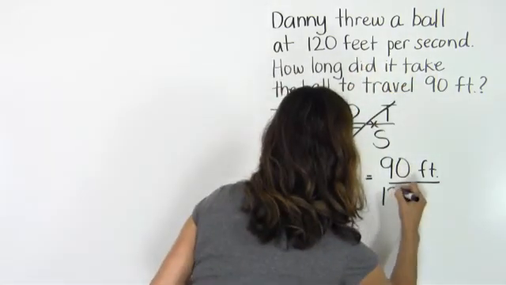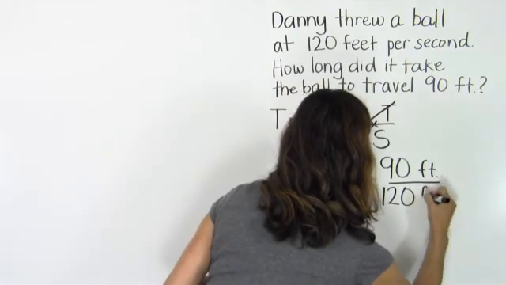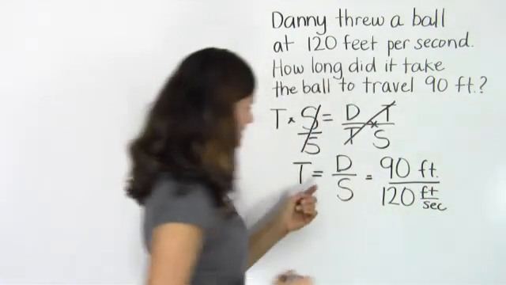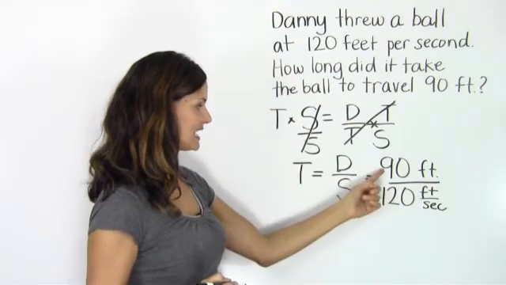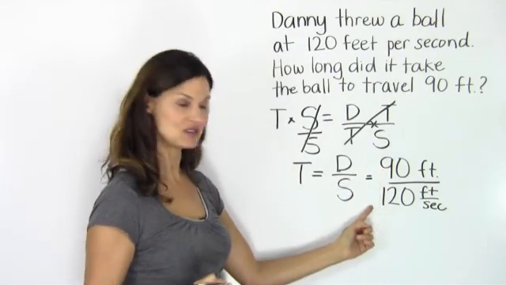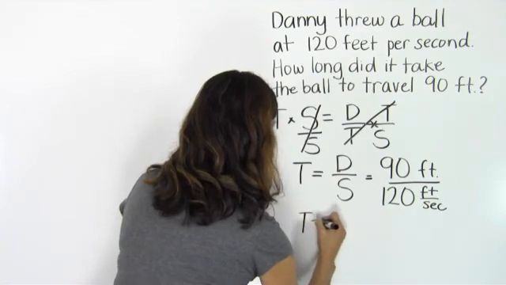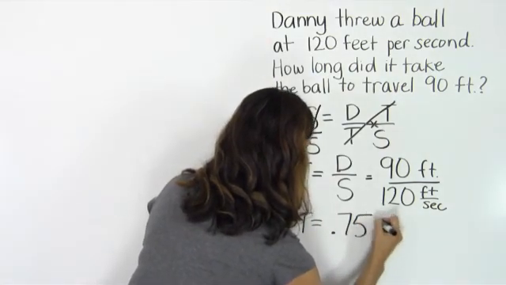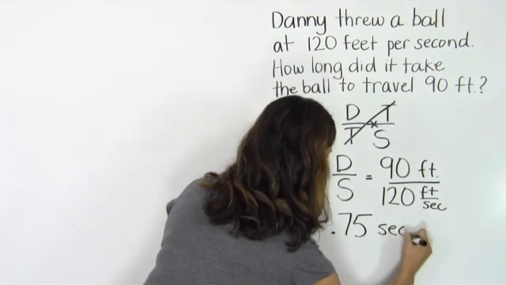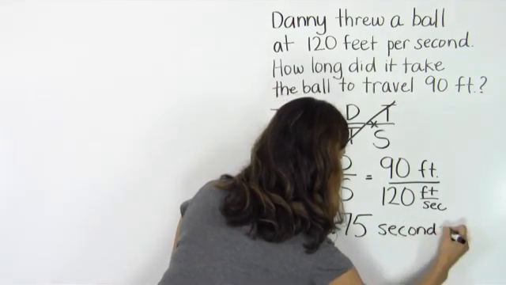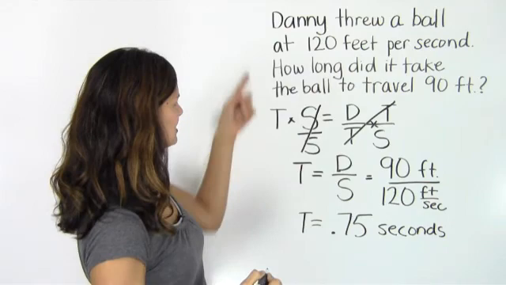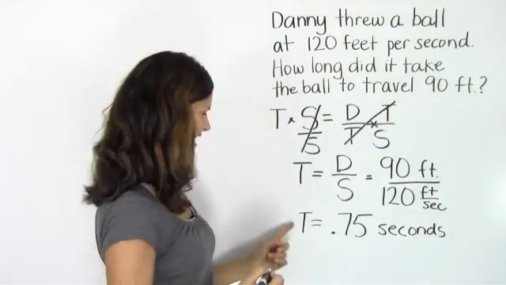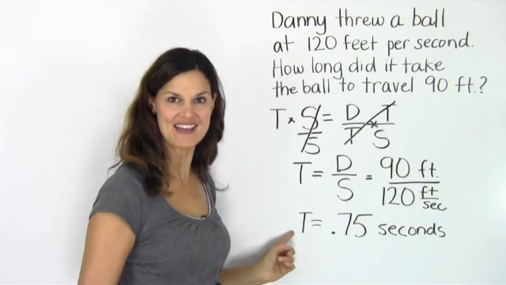So here in my denominator, I'll put 120 feet per second. So to find the time, I'm going to divide 90 divided by 120. So time equals 0.75 seconds. So the answer to my problem, how long did it take the ball to travel 90 feet? It took 0.75 seconds.